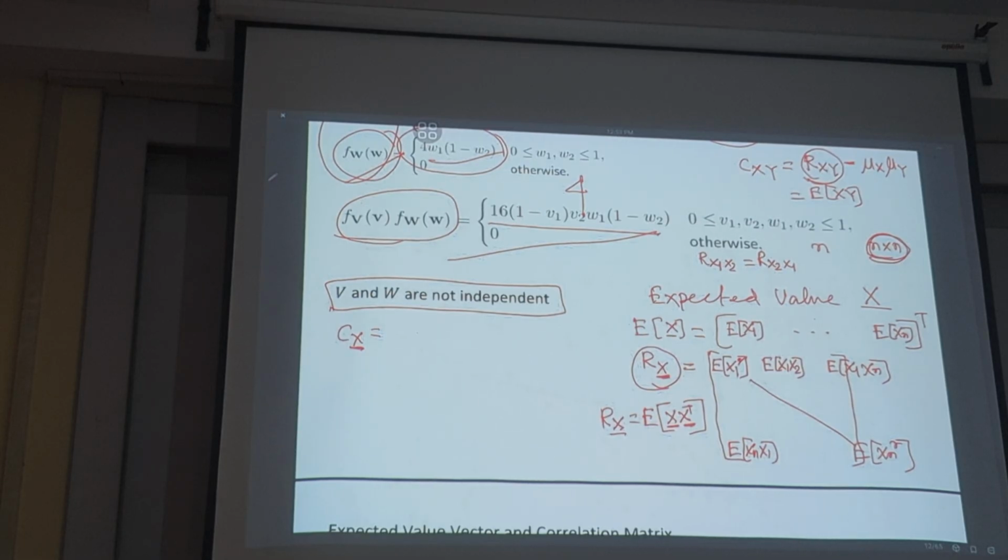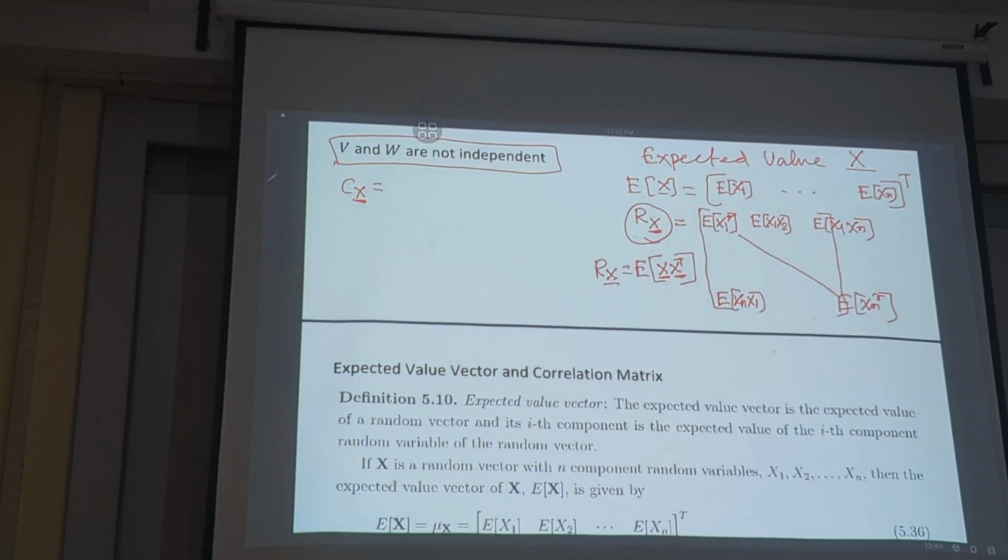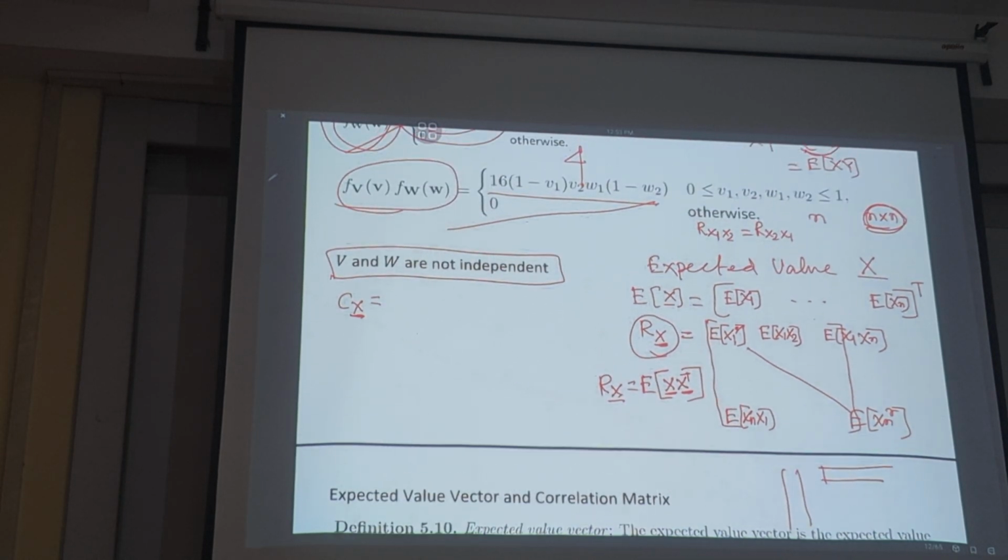Inner product, if it is the inner product, then it will be the dot product, right? X and X. But it is the outer product. That means one vector and another vector. So it will be a matrix, right?